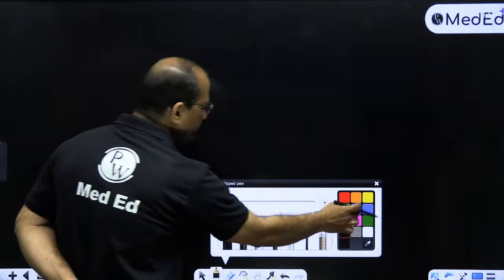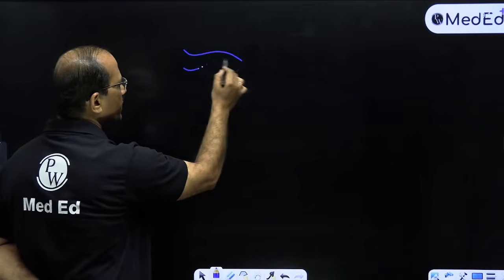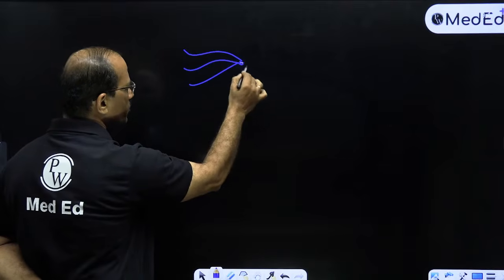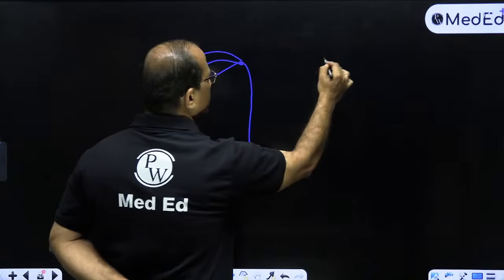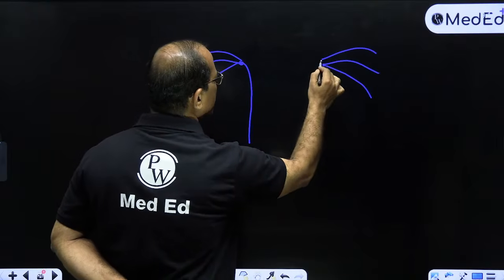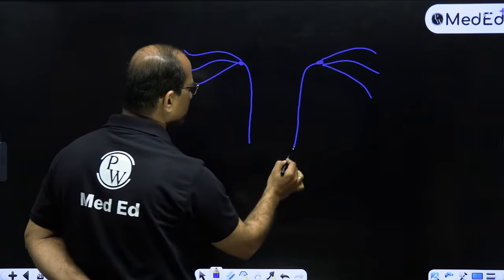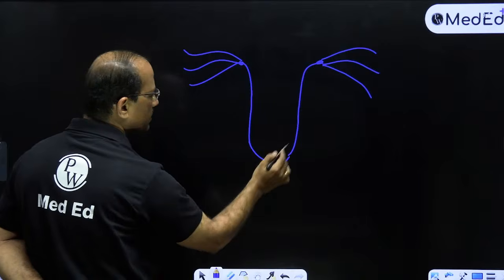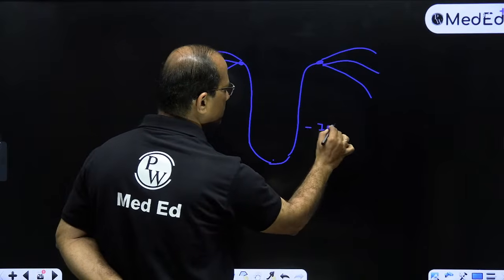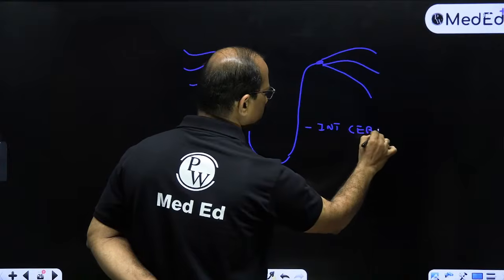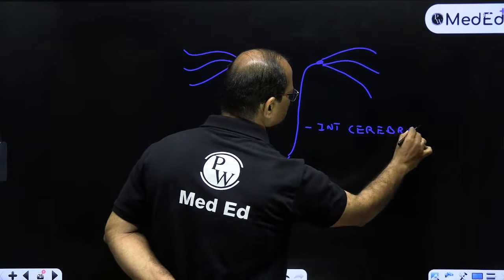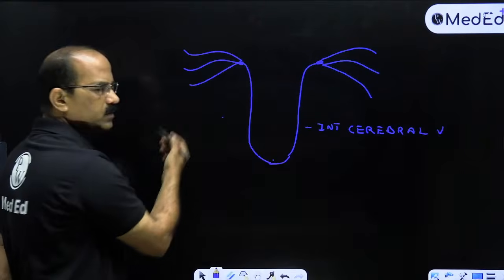Listen. These are the three veins. These three veins join to form a vein, known as the internal cerebral vein. Same here, internal cerebral vein.